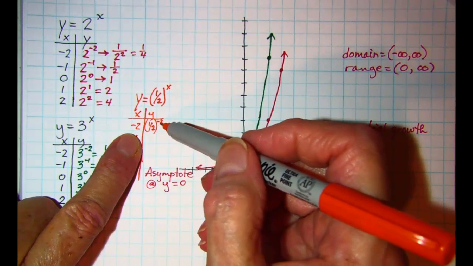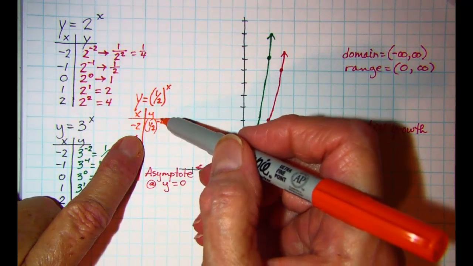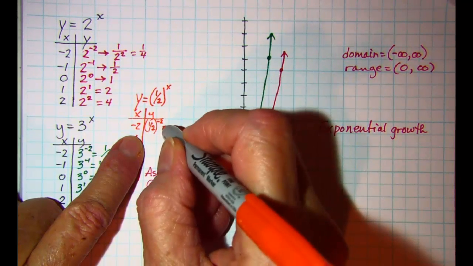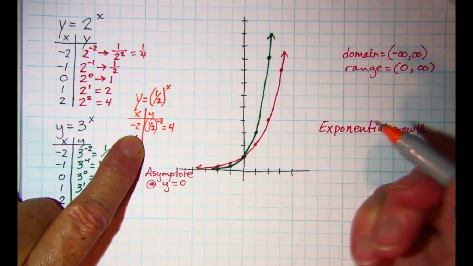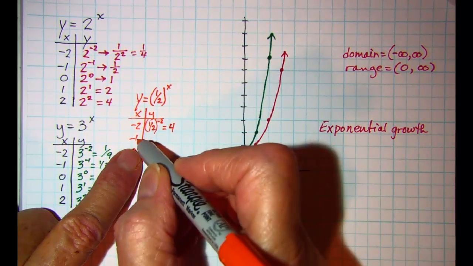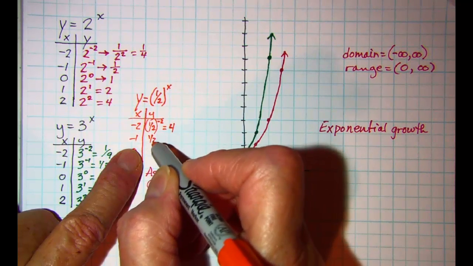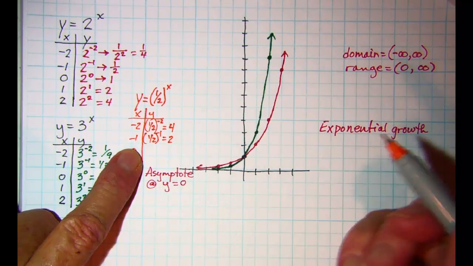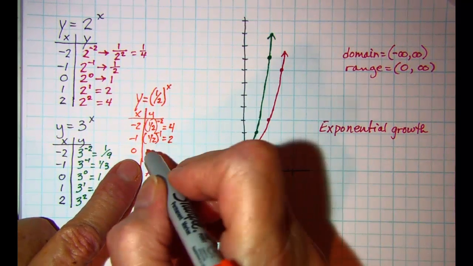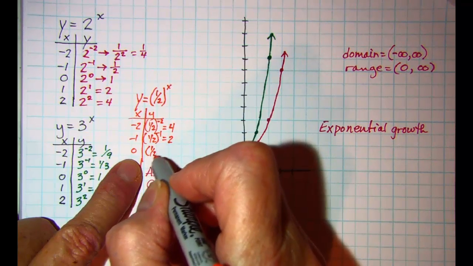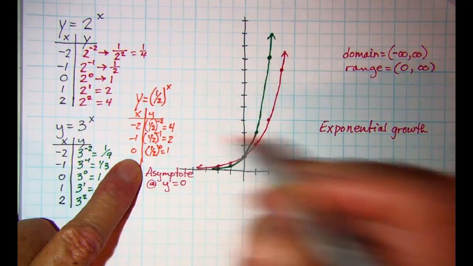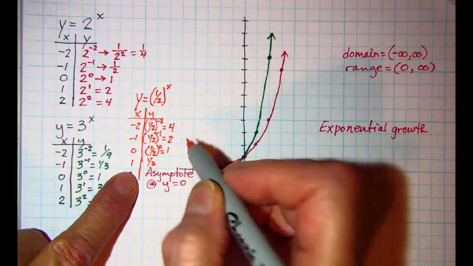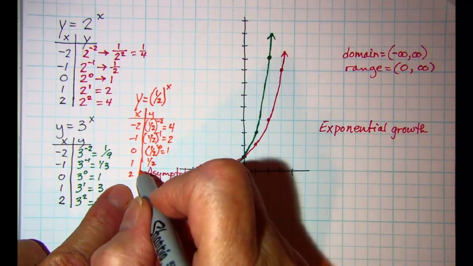Well, when I square 1/2, I get 1/4, and the negative exponent flips that, so it becomes 4. When x is -1, I have 1/2 to the -1, which is just 2. When x is 0, I have 1/2 to the 0, which is 1. When x is 1, I have 1/2. And then when x is 2, I have 1/4.